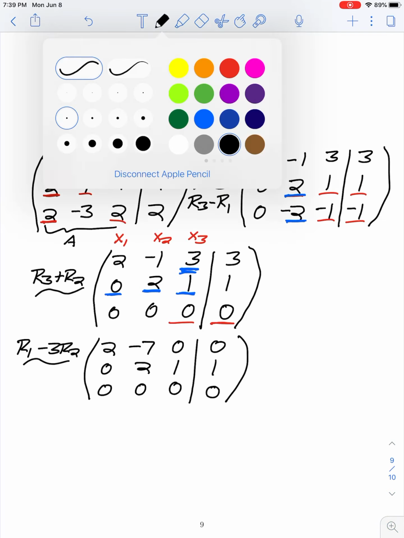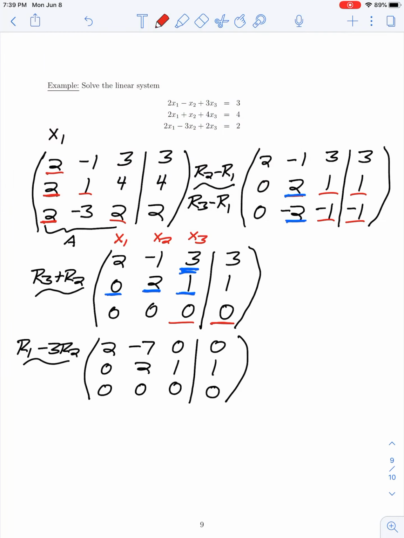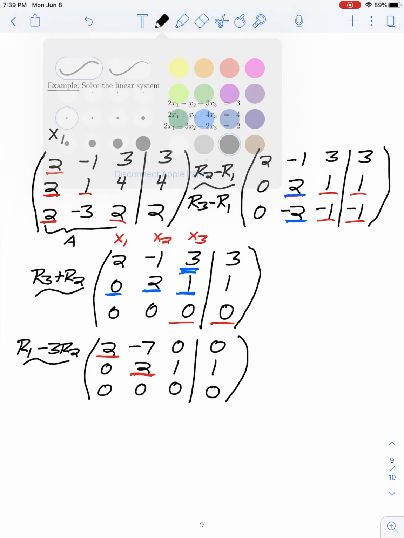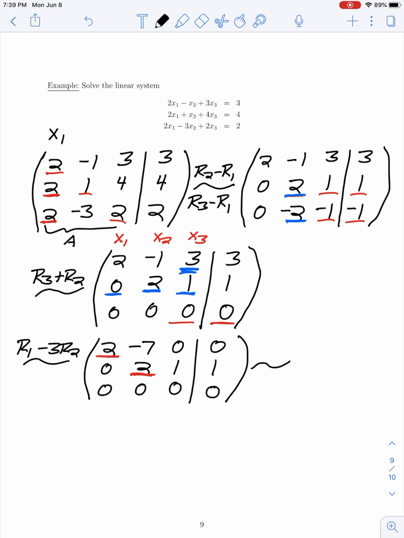If we want to force these first 2 diagonal entries in our first 2 rows to be 1, well, we would have to multiply our first and second row through by 1/2 and introduce some fractions. So let's say that we want to go ahead and proceed that way.